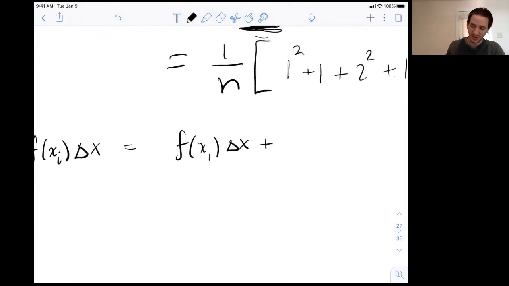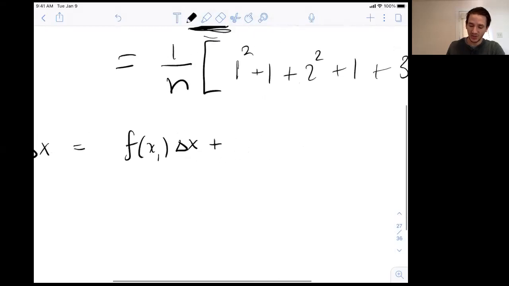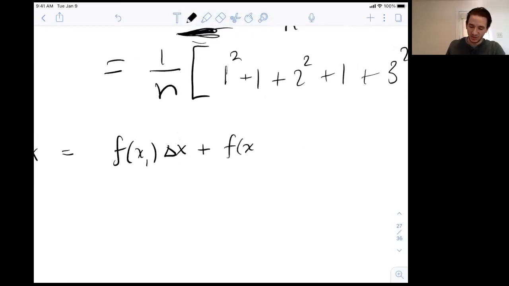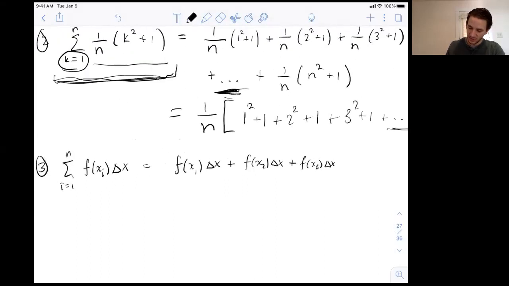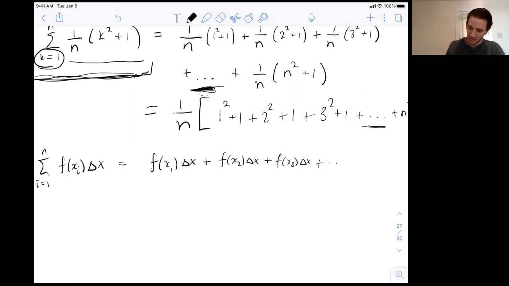And then plus, then I increase i to 2. F of x 2 times delta x. Plus, then I increase i to 3. F of x 3 times delta x. Plus, and then I keep doing this all the way up to f of x n times delta x.